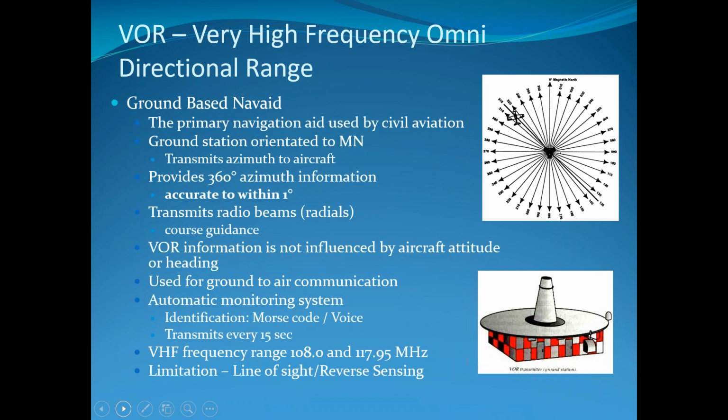So it could be picking up the other one that you don't want, and that's how you know, by turning up that volume and making sure. The frequency range is from 108 up to 117.95.